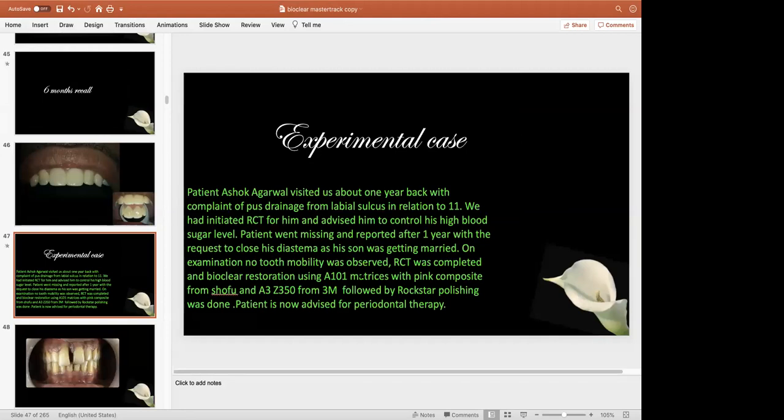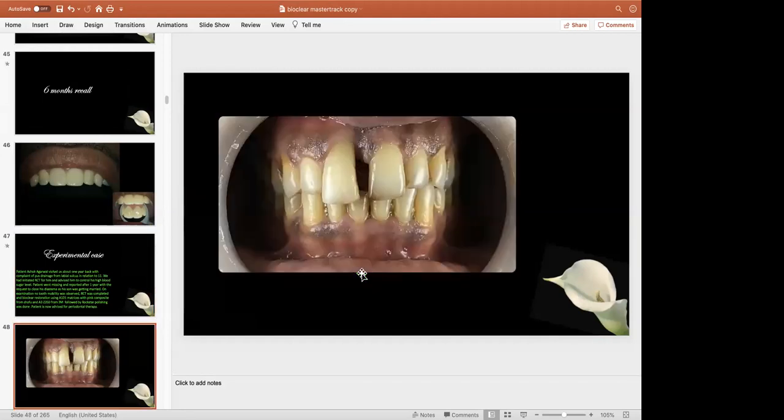And very quickly, I'll just show you another case, which I feel is very nice. This was a gentleman about 50 years of age, and he had very poor periodontal health. He was highly diabetic, and he came to me 1 year back with a very mobile 1-1. So we had done an endodontic treatment at that time and initiated a treatment, and the tooth has become non-mobile.